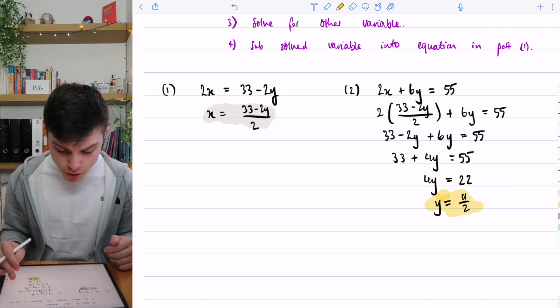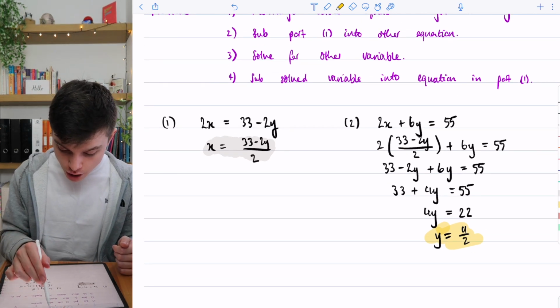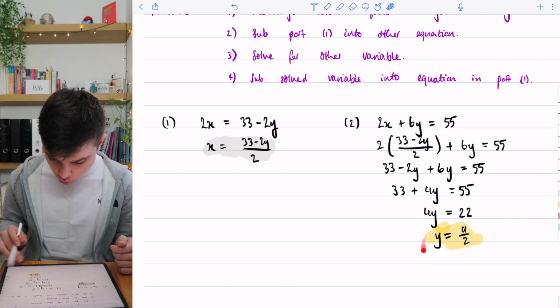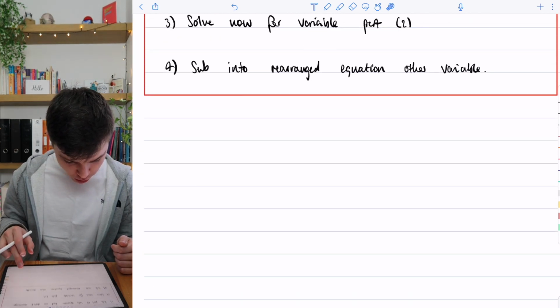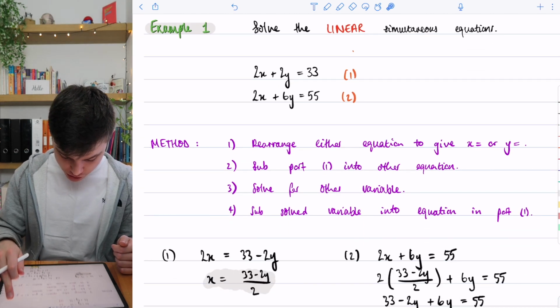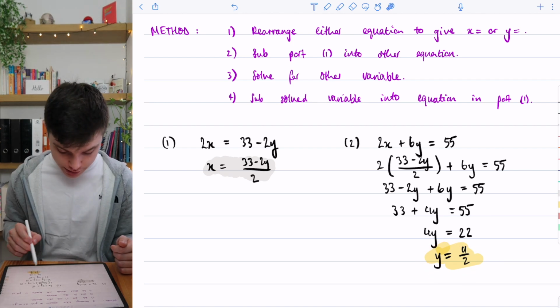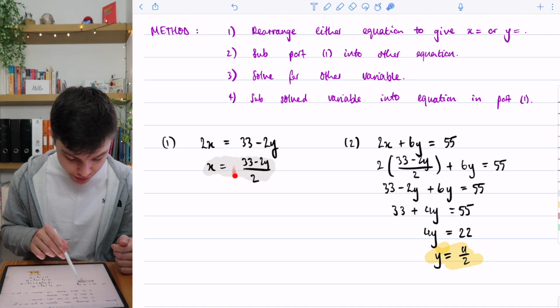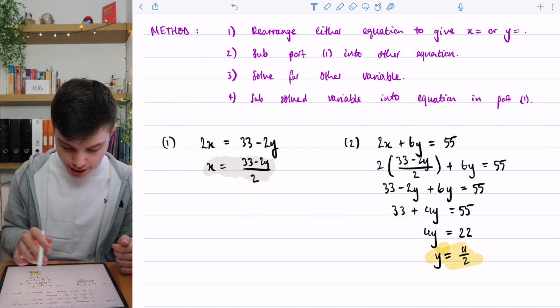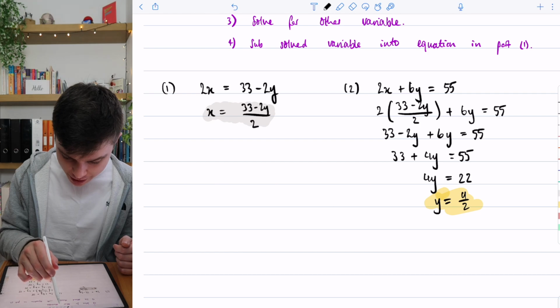Okay? Then what we're going to do is solve for the other variable. Now to do that, I'm going to substitute this value of y. Yes, solve for the variable in part 2. So we're going to solve for x now, because we know the value of y. We just need to substitute y into this equation here. And we don't actually need part 4 there, do we?